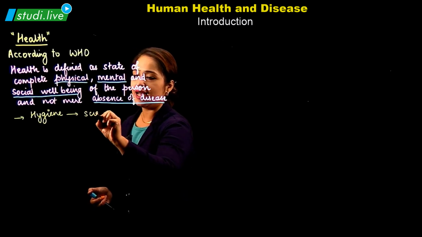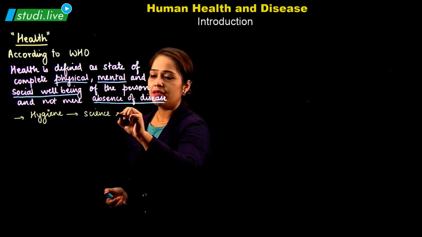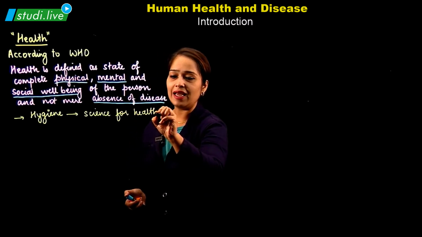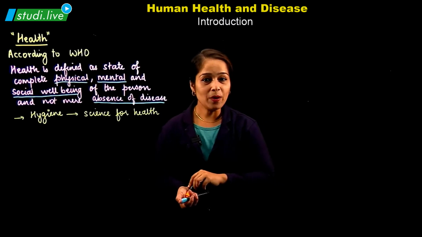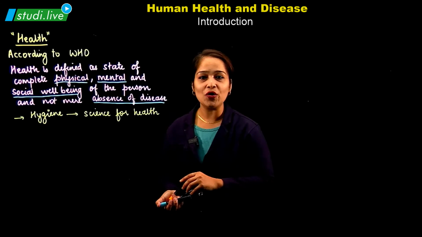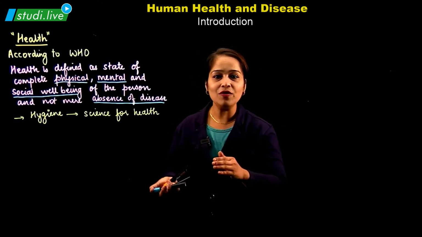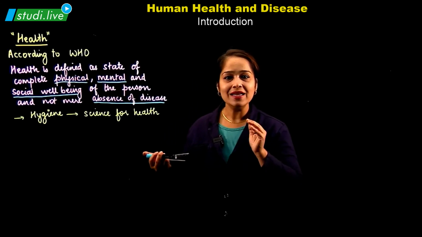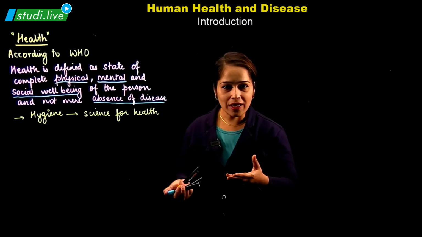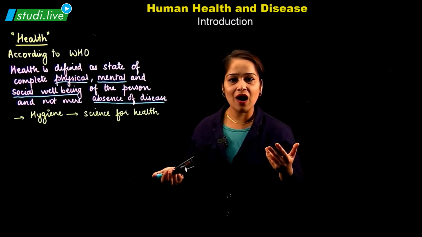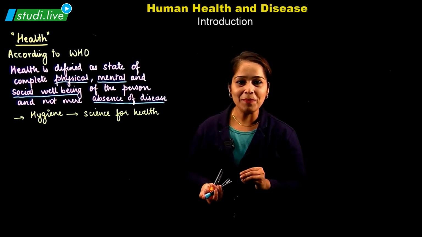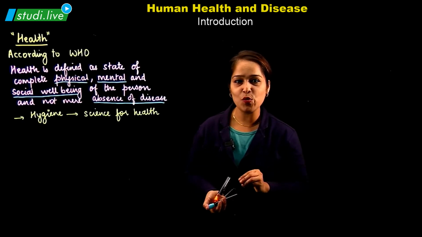Hygiene is the science aiming at preserving, improving and maintaining the health of the individual, which means that if there is proper hygiene in the person's body, in the surrounding, in the house, then it is going to help in preserving, improving and maintaining the health of the individual.